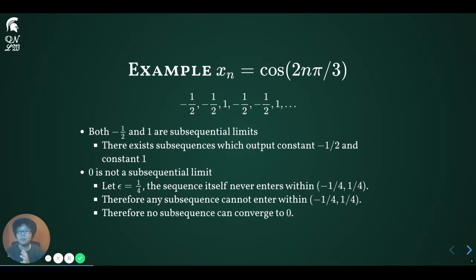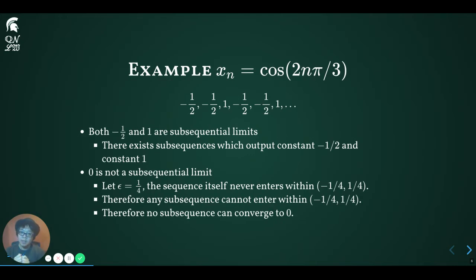And since a constant sequence converges to its constant output, there is a subsequence, which is 1 for every term, that converges to the number 1. And there is a subsequence, which is minus 1/2 for every term, that converges to the number minus 1/2. And hence, minus 1/2 and 1 are both subsequential limits of this sequence.